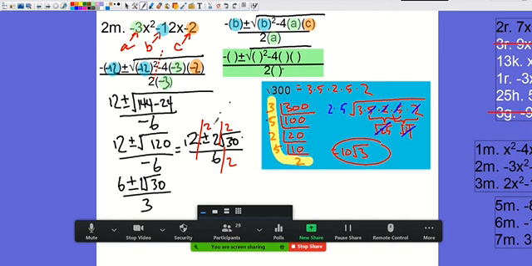Remember, this 2 root 30 is from that blue box. You might need to refresh your memory on that.